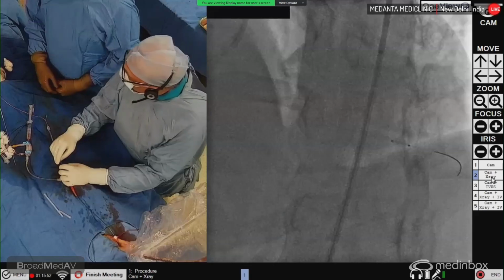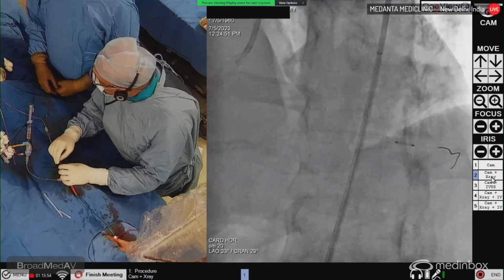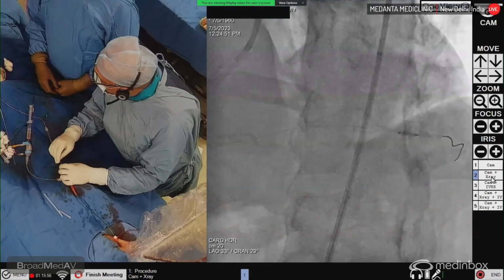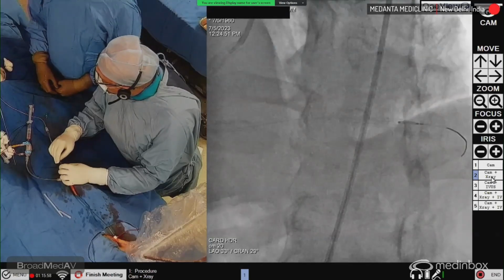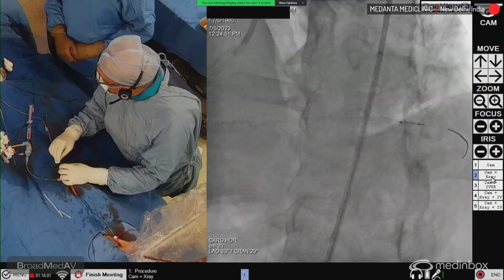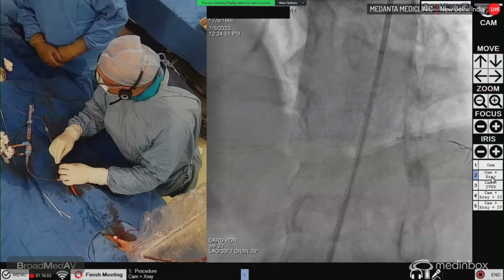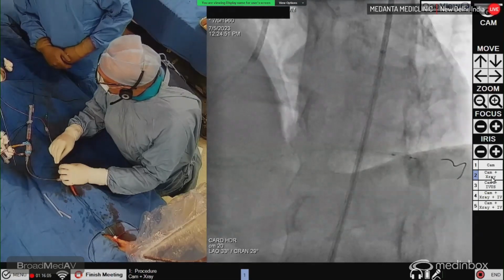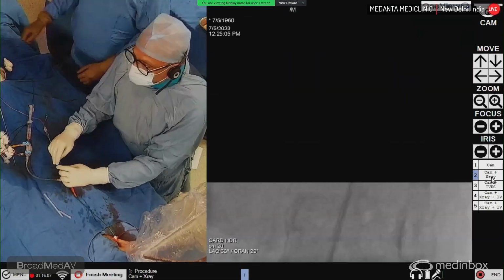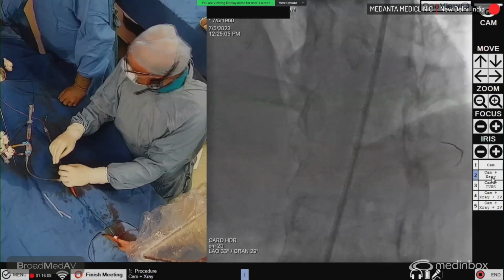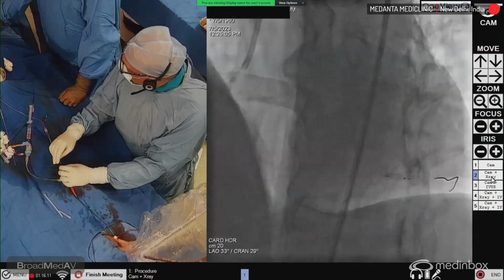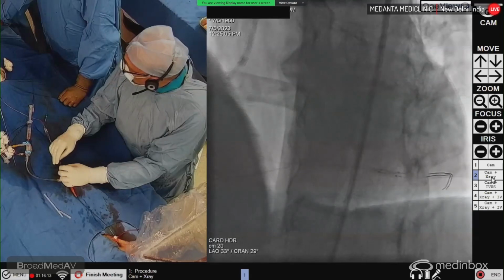So we should look at the stent boost now. I think it's overlapping very well. Go up. 2, 4, 6, 8, 9, 10, 12. Take 14. Take 16. Deflate.